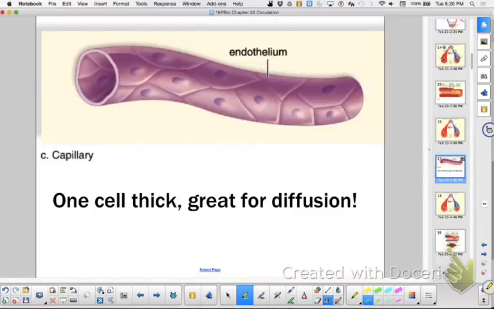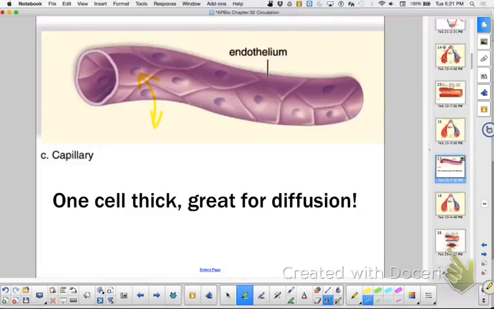Capillaries are only made of the endothelium, that lining we saw on the artery. They are one cell thick, and any exchange of oxygen, nutrients, carbon dioxide, and waste goes across the one cell thick walls of the capillaries.